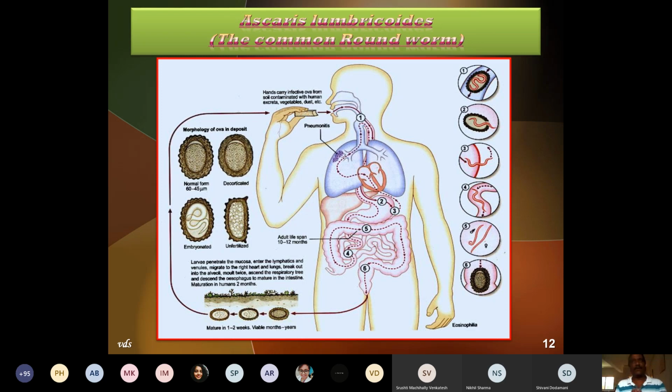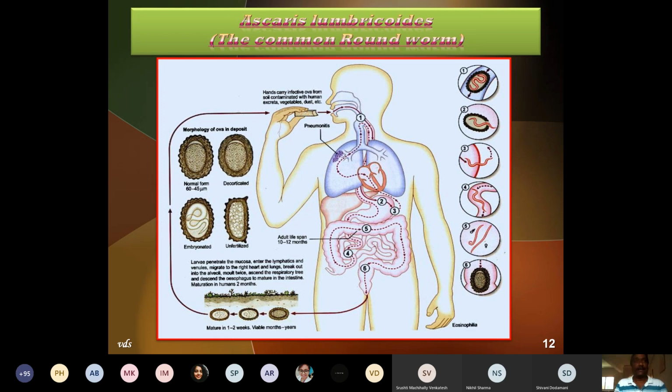But there are certain unusual conditions when the larvae are migrating through the blood vessels. It may be carried to any internal organ. Usually this happens only in a very severe case, an immunocompromised state in the host.